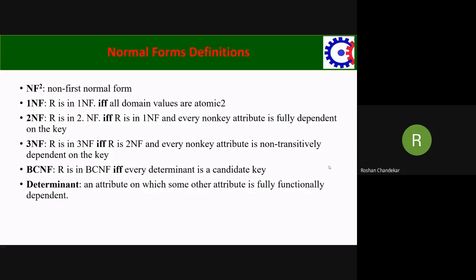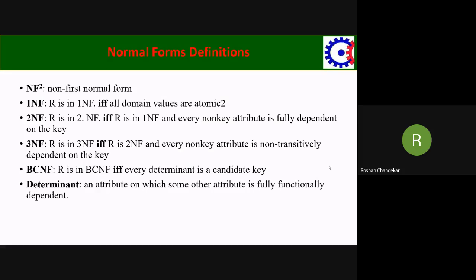That is where functional dependency comes in. Third normal form: a relation R is in third normal form if and only if it is in second normal form and every non-key attribute is non-transitively dependent on the key. And BCNF, Boyce-Codd normal form: R is in BCNF if and only if every determinant is a candidate key.